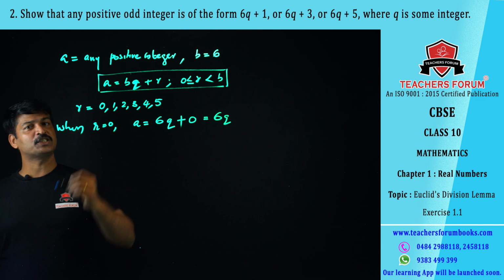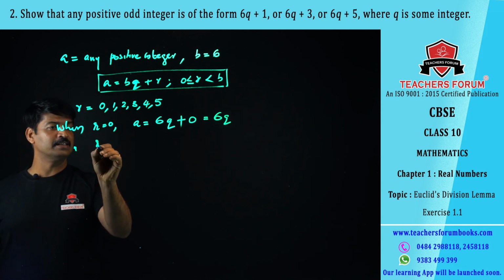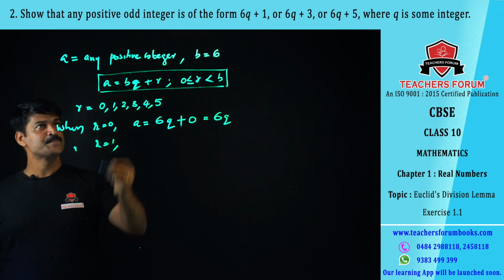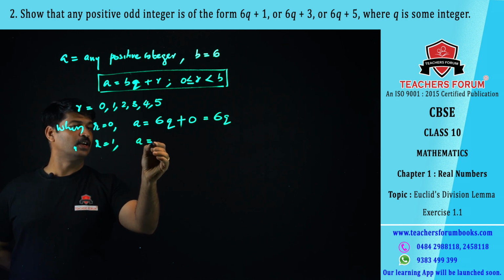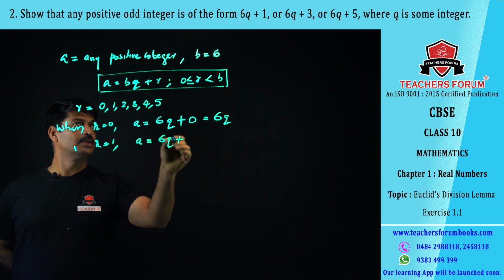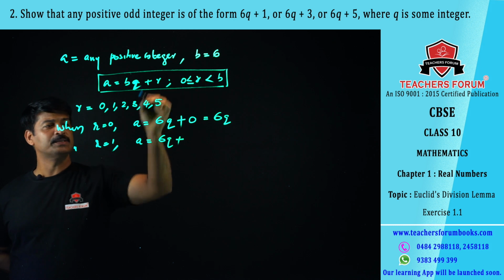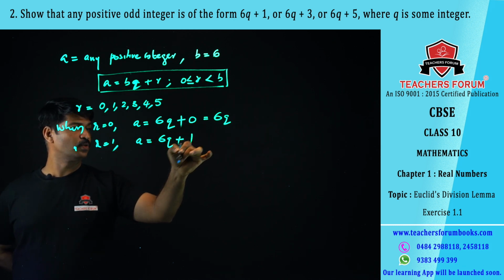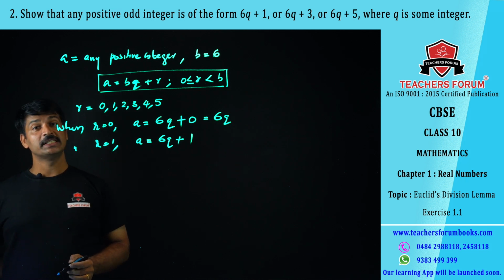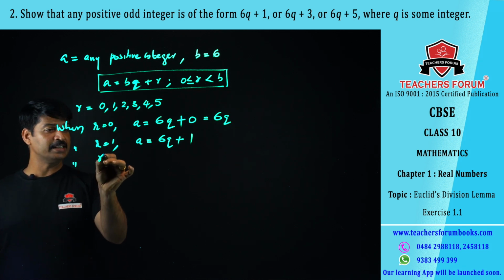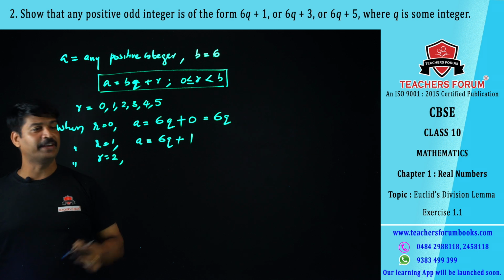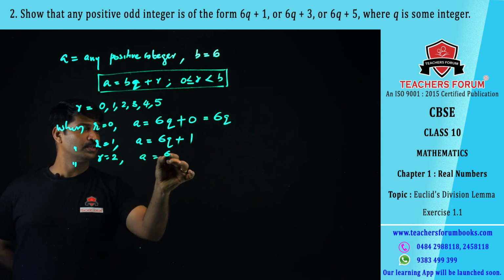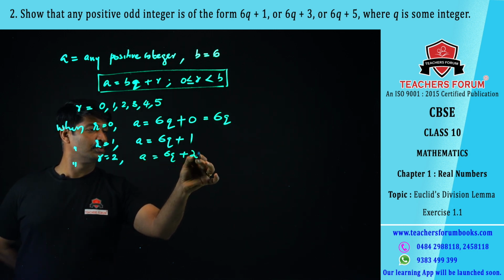Now, let us substitute the next value of r. When r is equal to 1, what is a? a is equal to bq plus r. What is b? b is 6. So, 6q plus r. What is the value of r? It is 1. So, a is equal to 6q plus 1. When r is equal to 2, a is equal to 6q plus 2.